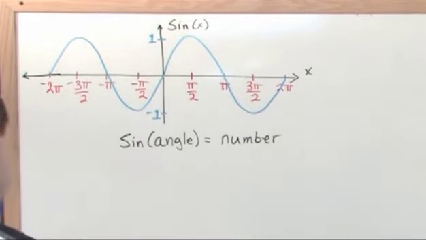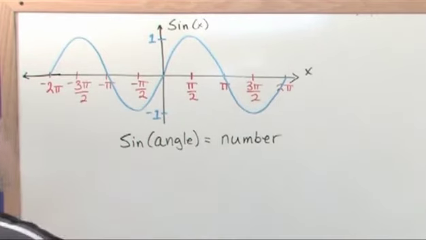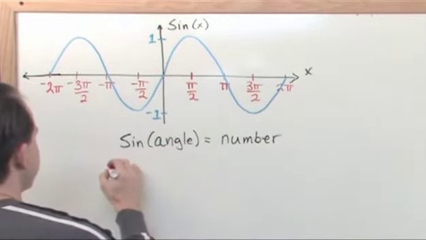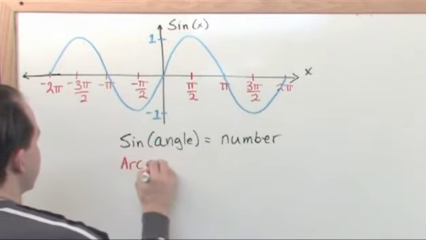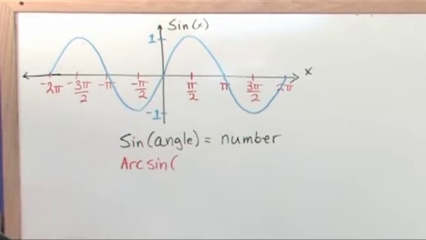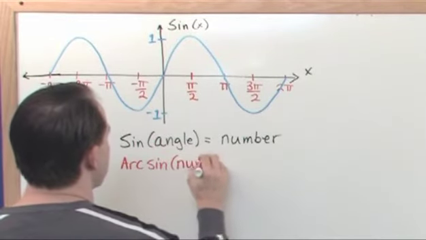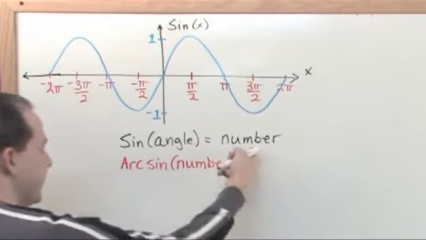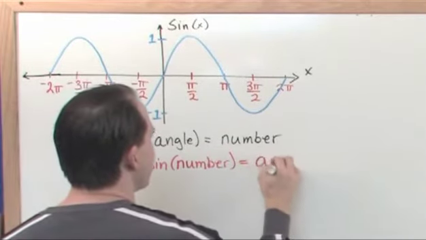You'll find it very useful, and something you'll have to learn, to define the inverse sine, or the arcsine. You can define the opposite of the sine function as the arcsine. The arcsine of some number, and I'm trying to draw an analogy here, is going to equal an angle.